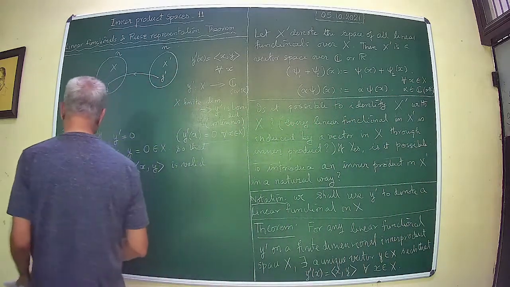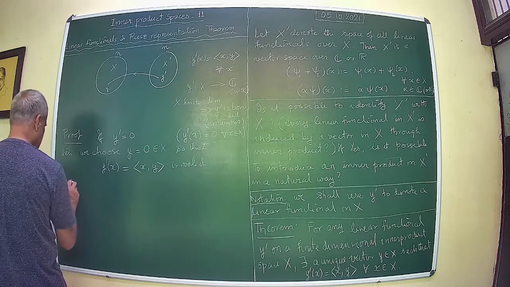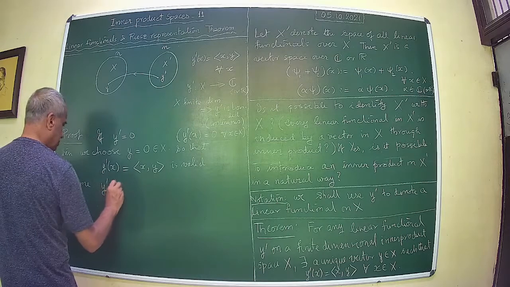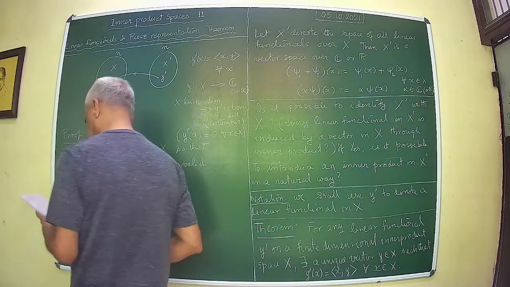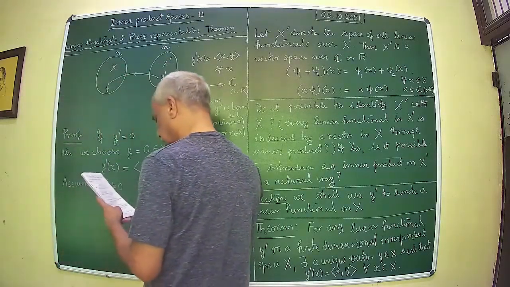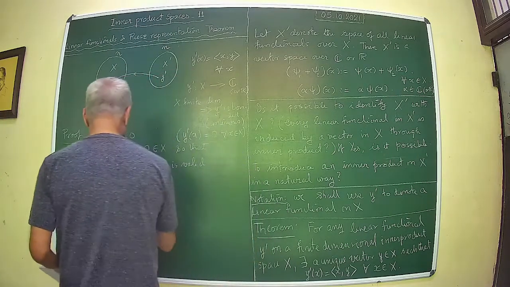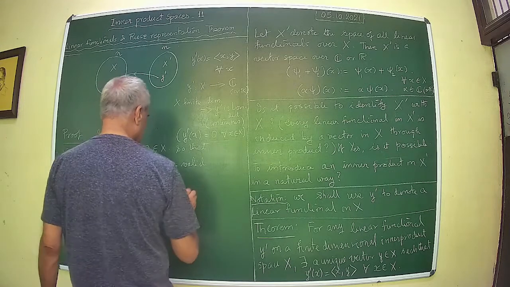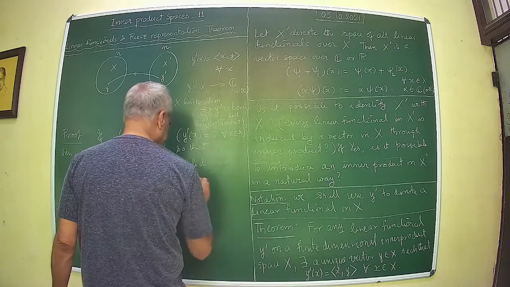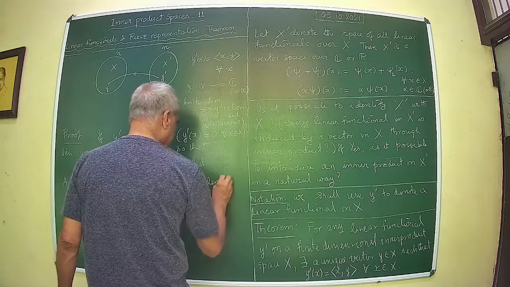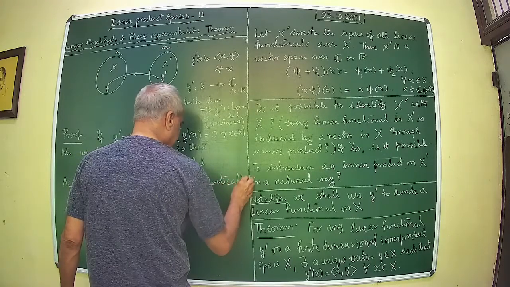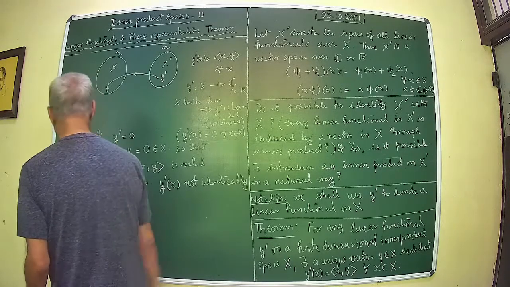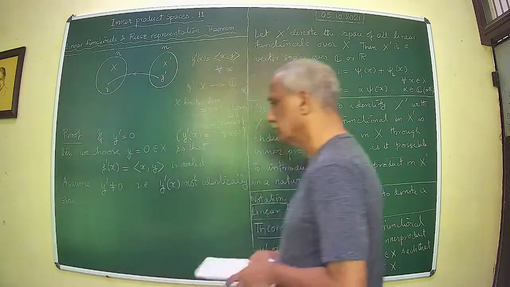So now we assume y prime is not equal to 0. What does it mean? This means y prime of x is not identically zero. It may be 0 for some elements, but not identically 0.